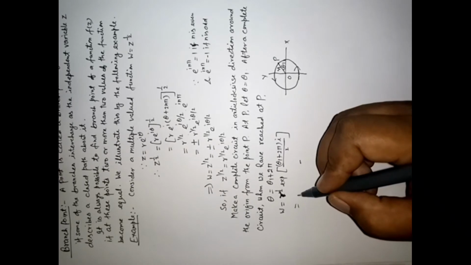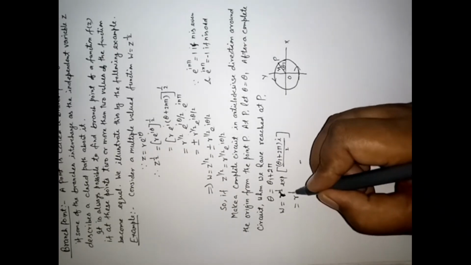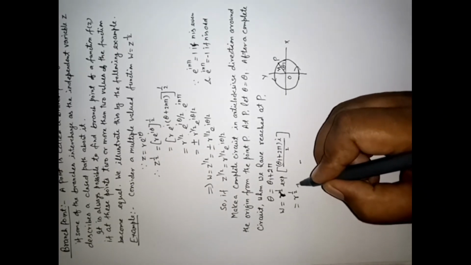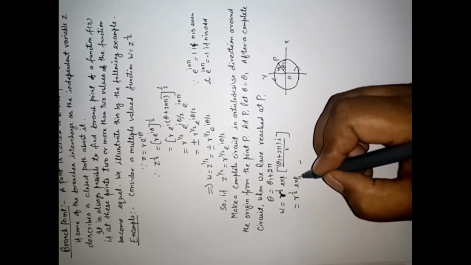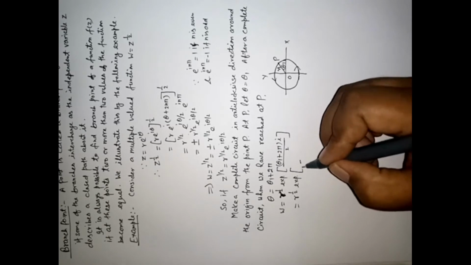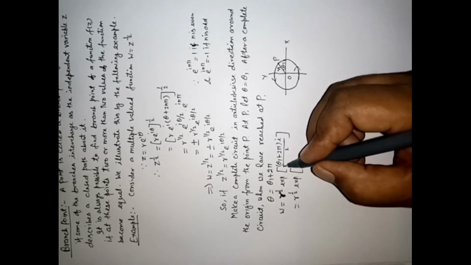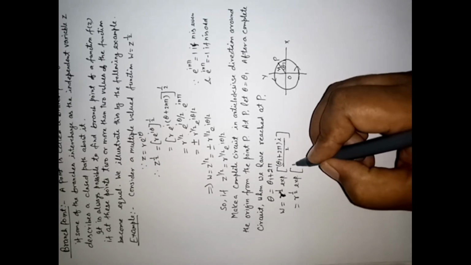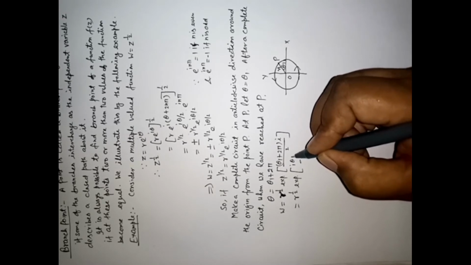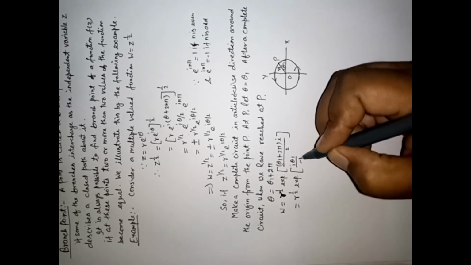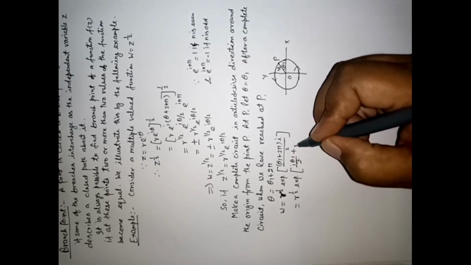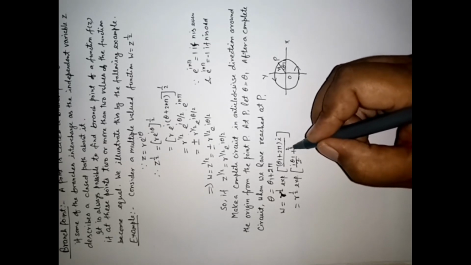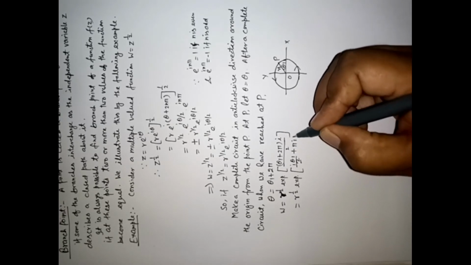This may be written as r power half exponential of i theta 1 by 2 plus, as the 2 is cancelled, pi i.